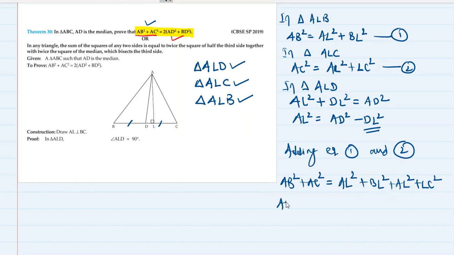So AB square plus AC square is equal to 2 times AL square plus BL square plus LC square. This is what we have got as the value of AB square plus AC square.